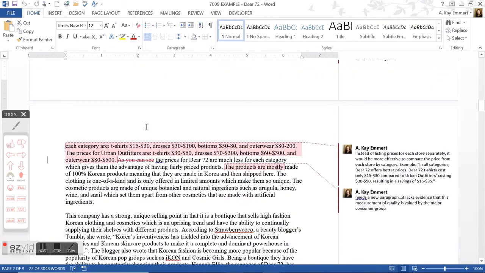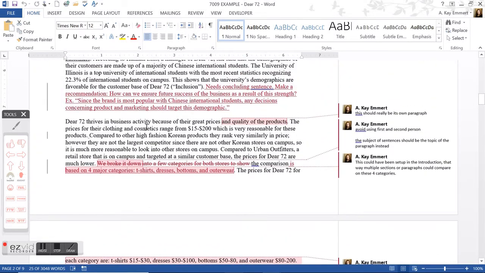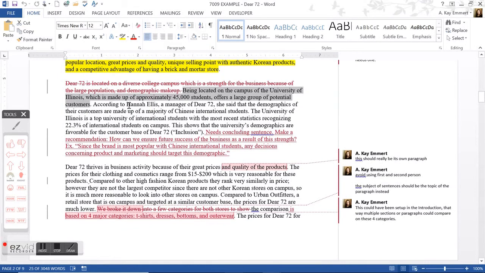You can see that it's doing that in the second sentence. Being located on the campus of U of I is the topic, and then offers a large group of potential customers is what makes it a strength. Okay, so that's what you want to answer in the first sentence. What is the strength and what makes it a strength?